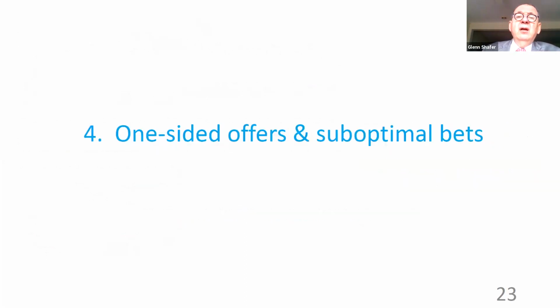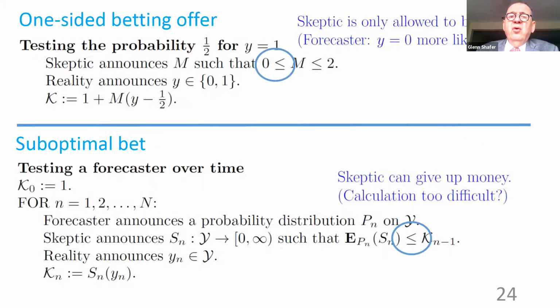Okay, now I want to step outside of standard probability theory to show this framework is broader. So one thing we could do is make betting offers more limited. We're now getting into imprecise probability. Let's say we only allow one-sided bets.